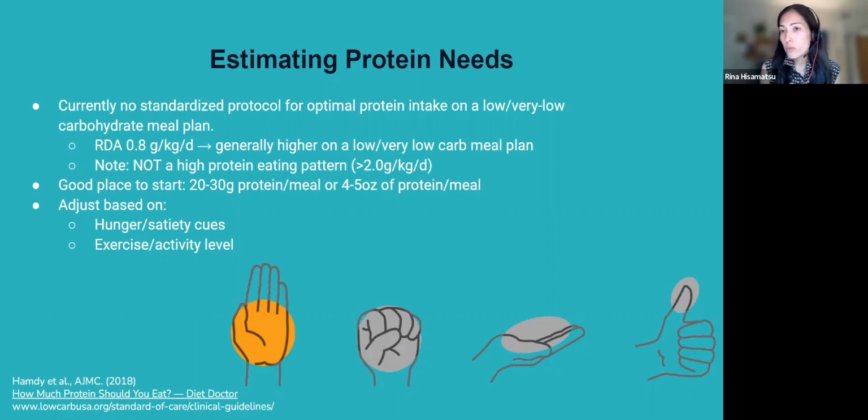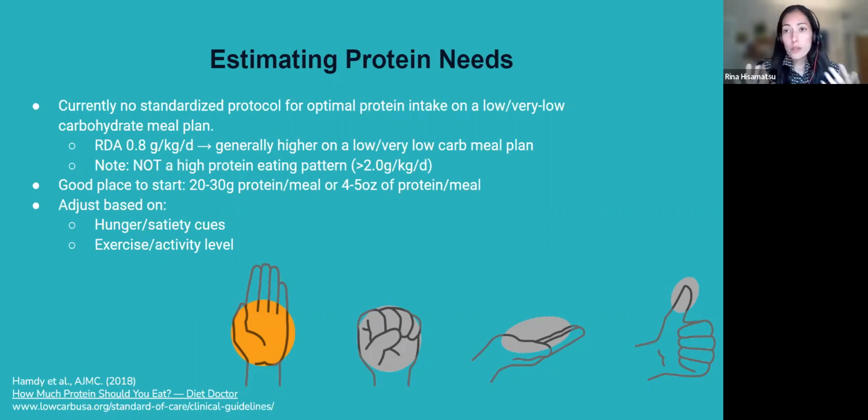And that has been shown to preserve muscle mass, improve body composition, as well as provide other benefits like satiety. So it's important to note that a low carbohydrate meal plan is not a high protein eating pattern. It typically does not go over the 2 grams per kilogram of ideal body weight.